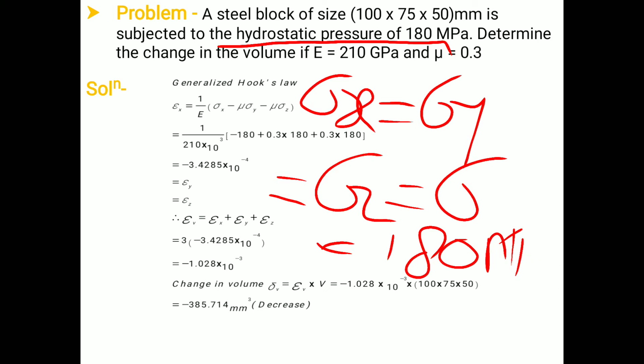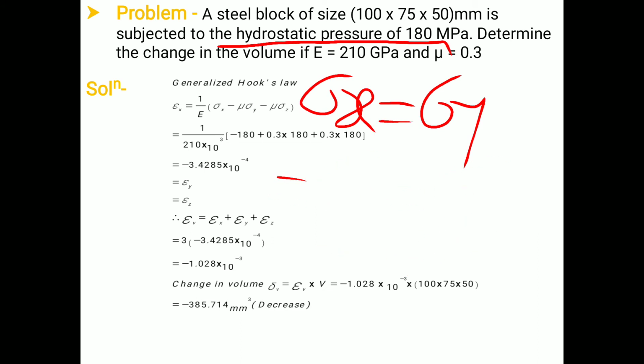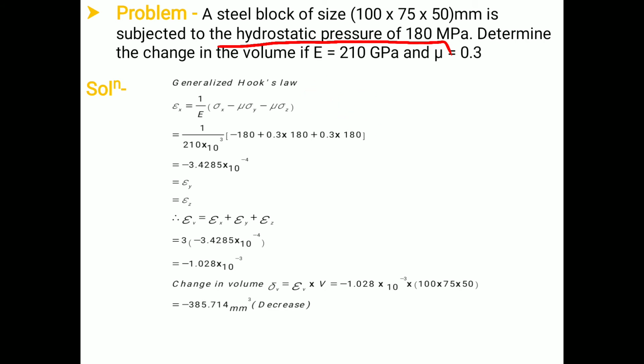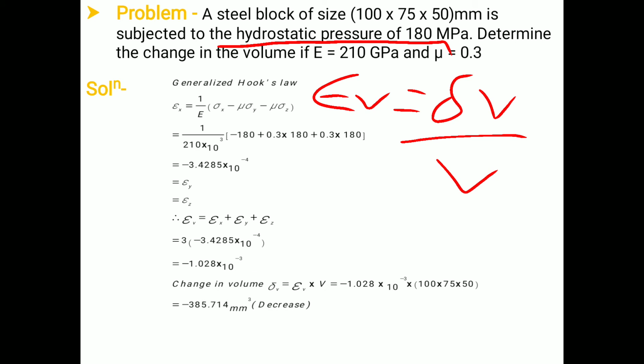Now we have to determine the change in the volume of the body. How to find out the change in volume of the body? We have the concept of volumetric strain. All of you know that volumetric strain is given by epsilon V is equal to change in V upon original V, meaning change in volume upon original volume.